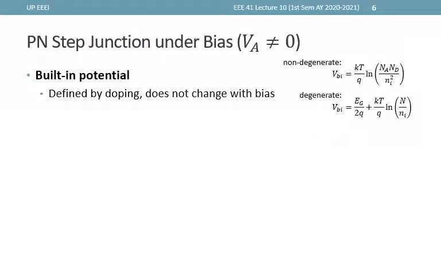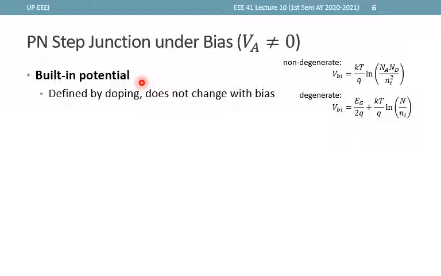Okay, so now we present the equations that we'll need to be able to draw the energy band diagrams we have shown in the previous slide. So this time we'll consider a general case where the applied voltage is not 0. Starting from the built-in potential, we know that it is defined by the doping concentrations and the doping profile, and it does not change with bias, since the built-in potential is defined as the built-in voltage across the device when it is in equilibrium.